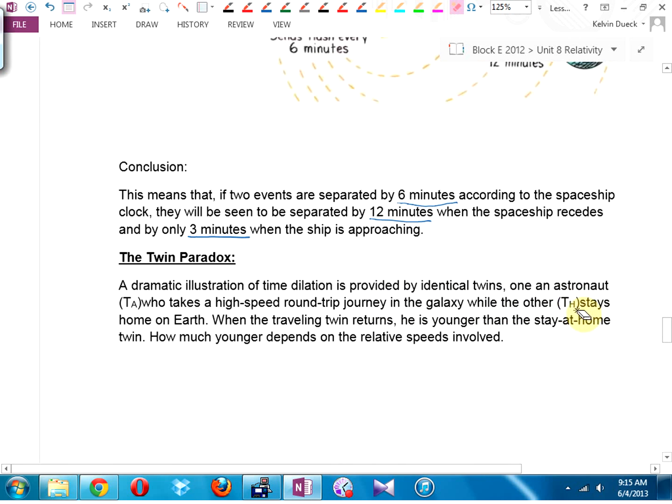Let's call it TH for twin home. When the traveling twin returns, he is younger than the stay-at-home twin. Really? How much younger depends on the relative speeds involved.